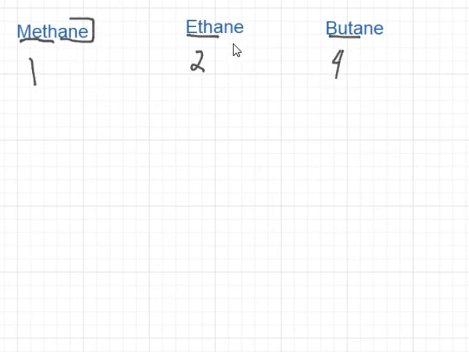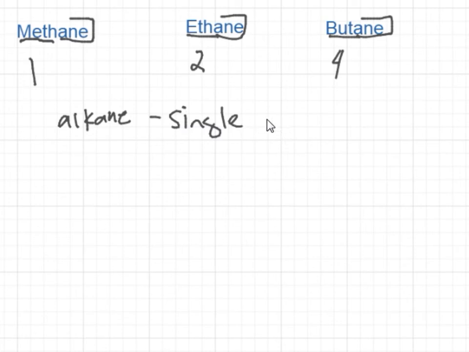And then the A and E, as the suffix, tells us that they belong to an alkane group, which has a single bond of carbon to carbon atoms, right?